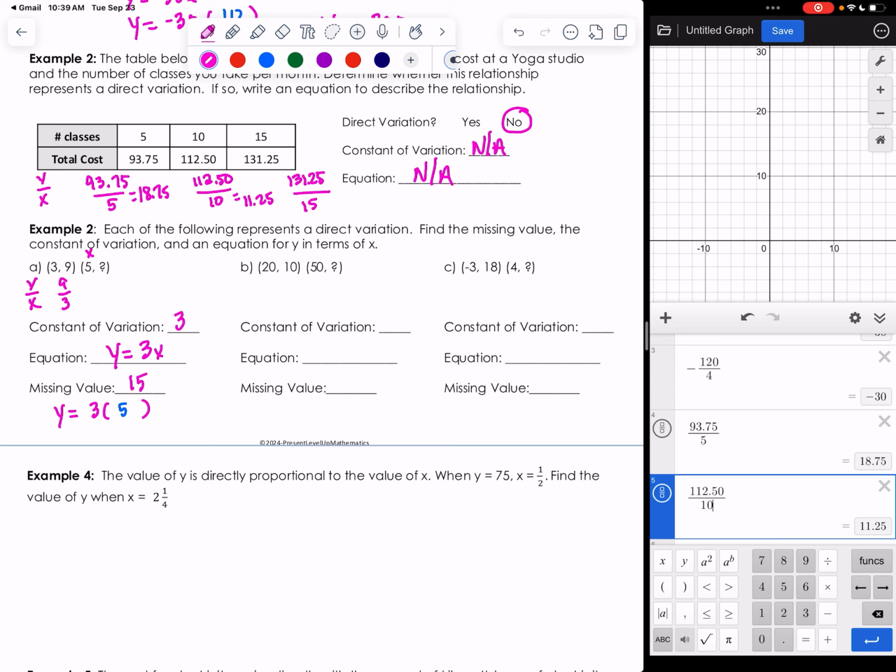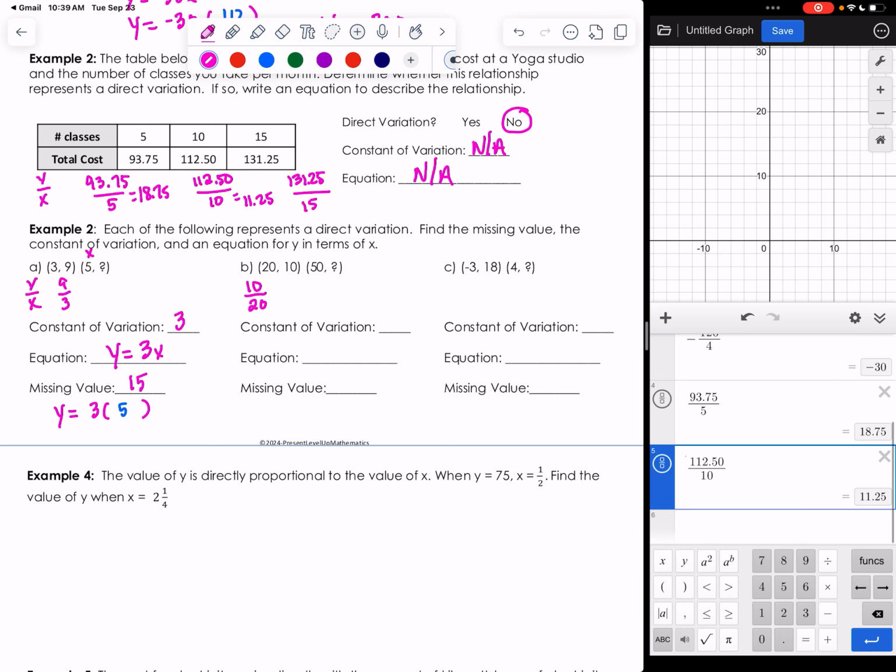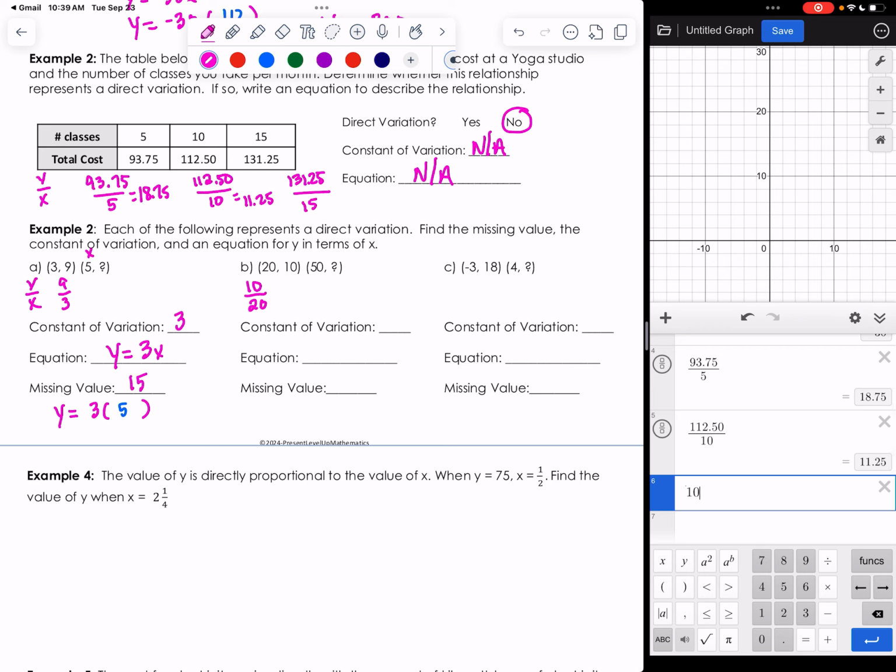So to find your constant of variation, take the y value, 10, and divide it by the x value, 20. So 10 divided by 20 is 0.5. So our constant of variation is 0.5, which means our equation is y equals 0.5x.